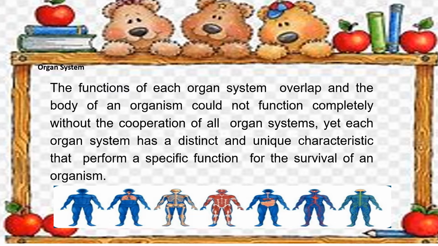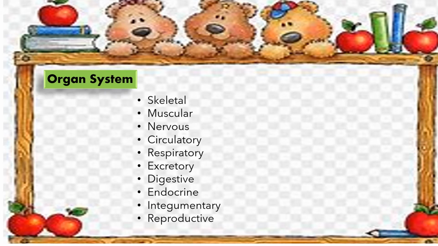Yet, each organ system has a distinct and unique characteristic that performs a specific function for the survival of an organism. Okay, so we have here the list of organ systems that is found in the human body, or it can be in animals too.